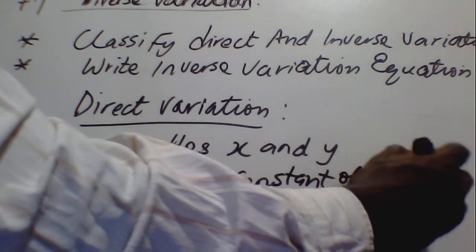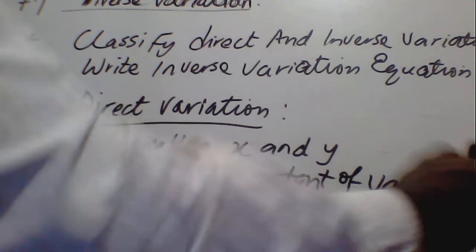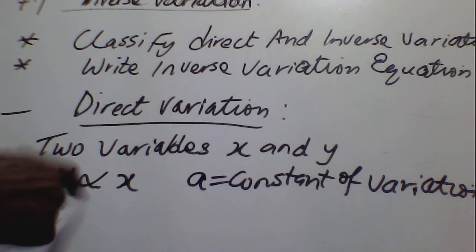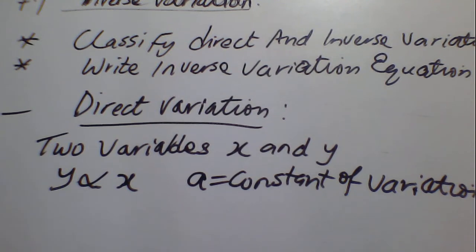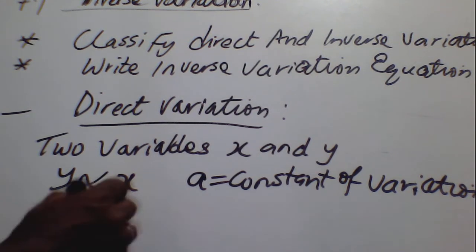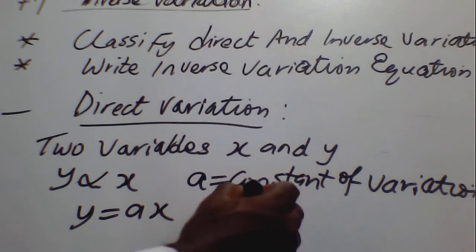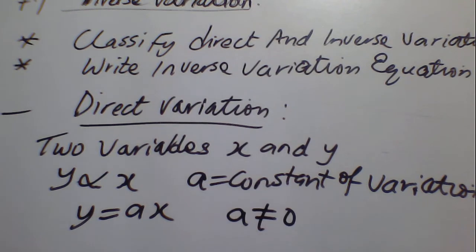Constant of variation. In this case, if we remove the symbol of proportionality, we have y equals ax, where a is the constant of variation. Two variables show direct variation if they are related this way, where a is a non-zero constant.